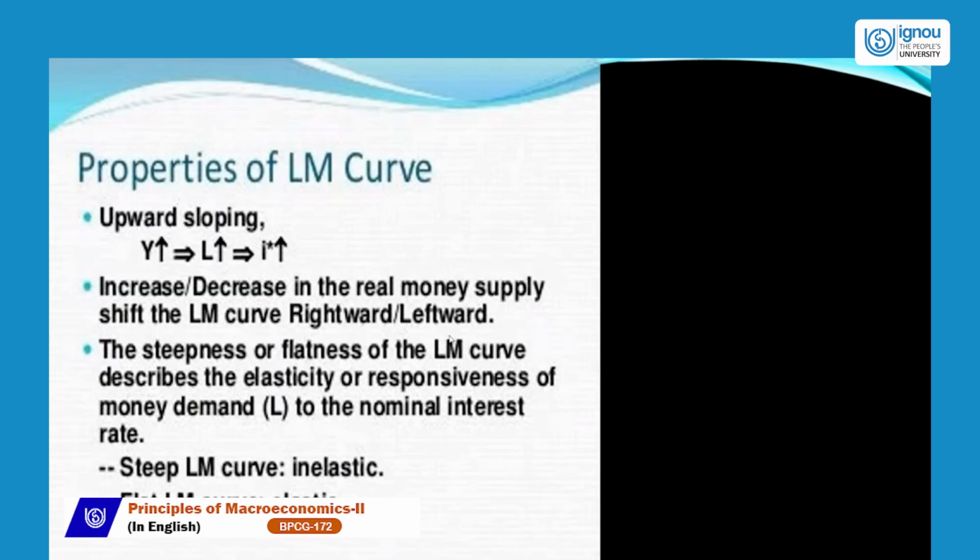You know that money demand, according to Keynes, people demand for money specifically for three purposes. One is transaction purpose, which is the function of level of income. Next is precautionary purpose. People always save money for future because future is uncertain.